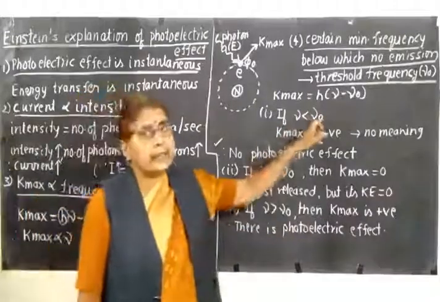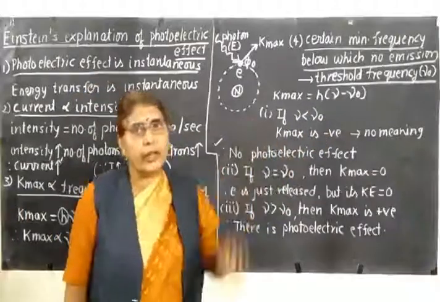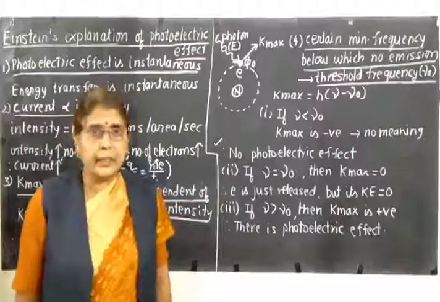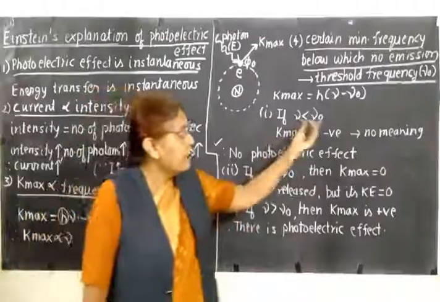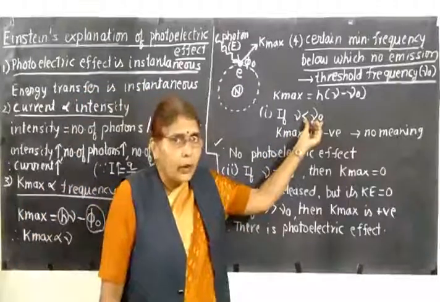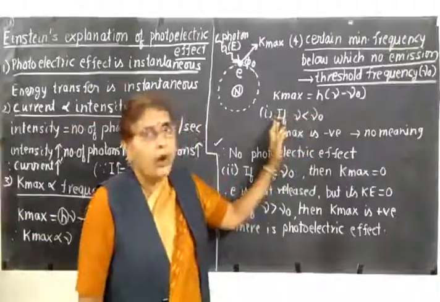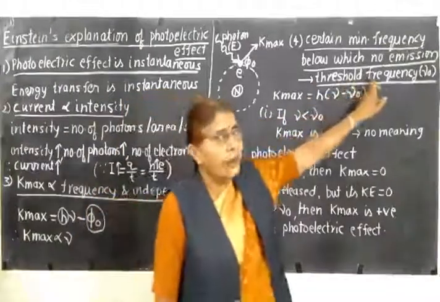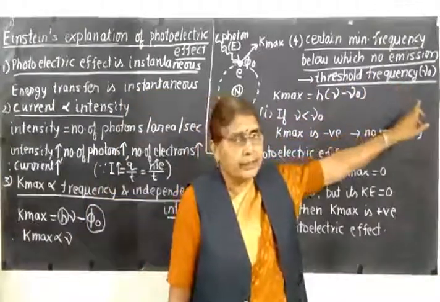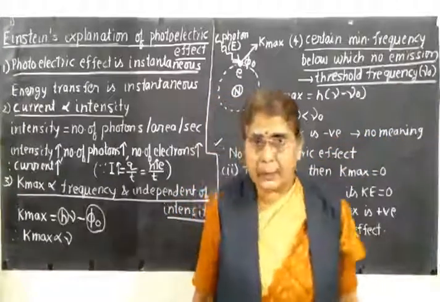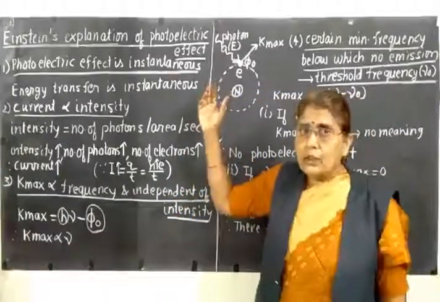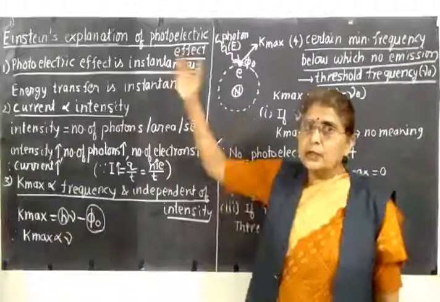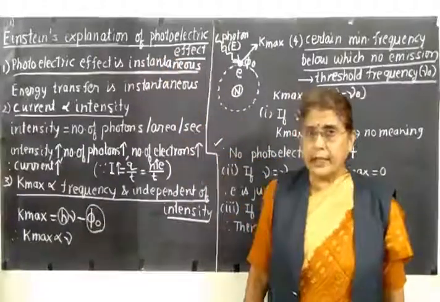If nu is less than nu 0, there is no photoelectric emission. There is a certain minimum frequency nu 0 below which there is no photoelectric effect, and this minimum frequency we call the threshold frequency. So this is how we explain the results of the photoelectric effect using Einstein's photoelectric equation.